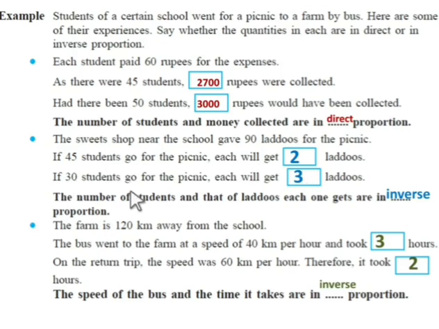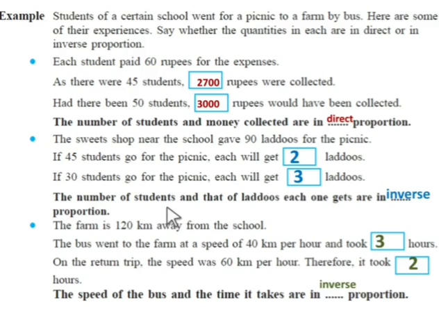If 30 students go for the picnic, each one will get 3 laddus. How we got this 3? We will divide again the total number of laddus by the total number of students. That is 90 divided by 30 is 3. Hence, if 30 students go for the picnic, each will get 3 laddus.